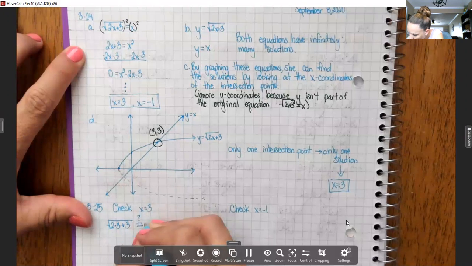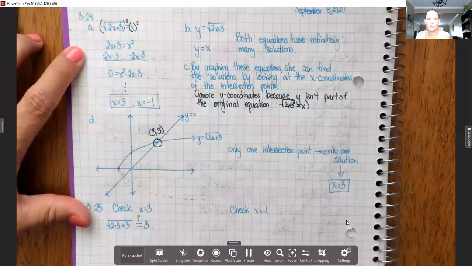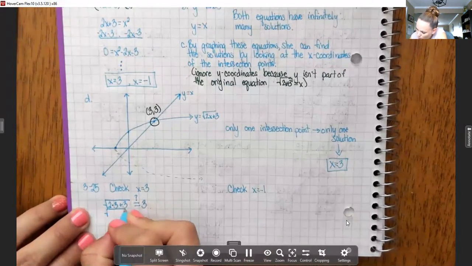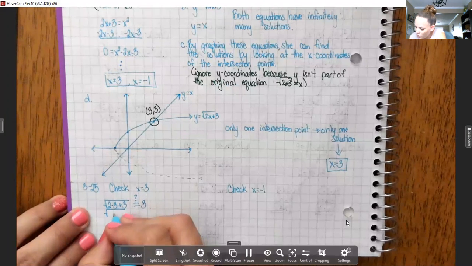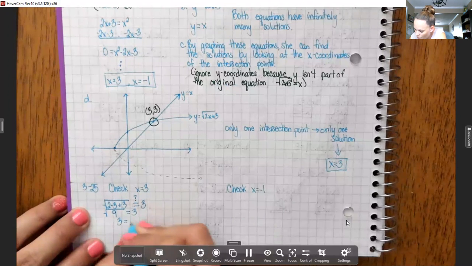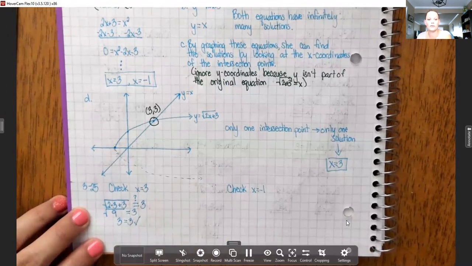Does that equal 3? So 2 times 3 is 6 plus 3. So the square root of 9, does that equal 3? 3 equals 3. That works.